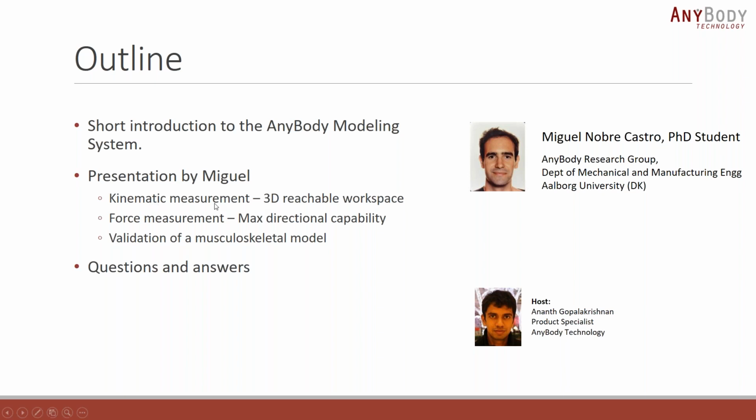He'll start by talking about kinematic measurements on the 3D reachable workspace, and then he'll also talk about experimental force measurements. That is the force production capability in different directions when you're reaching out in different directions. And then he will talk about how these measurements can be used to actually validate a musculoskeletal model. And we will finally follow this up with some questions and answers.